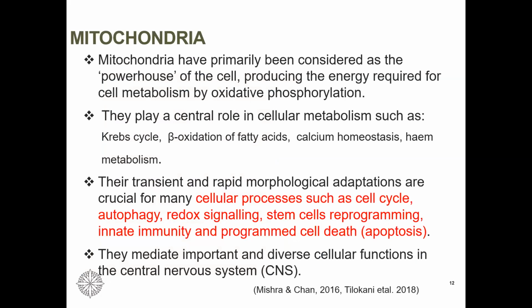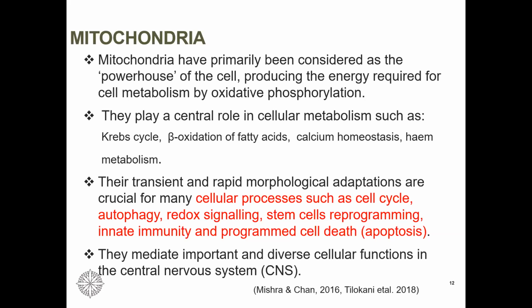Okay. Couple of slides to talk about mitochondrial functions. So the first one, numerous biochemical processes are taking place here. Oxidative phosphorylation, Krebs cycle, beta oxidation of fatty acid, calcium handling, heme biosynthesis.